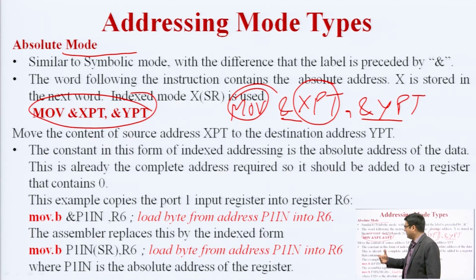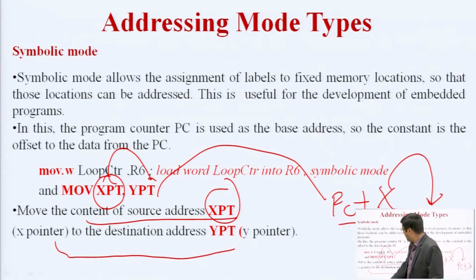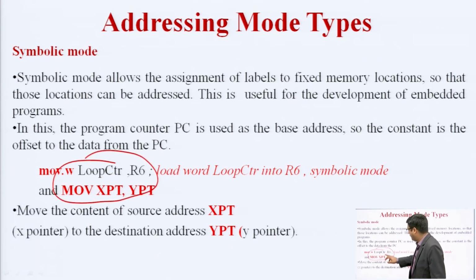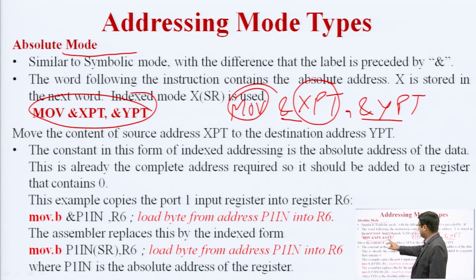If we look at the previous example, we are simply placing & before the source operand and the destination operand. If this is the symbolic addressing mode, and we put & here, it becomes absolute mode. So, we are providing an absolute memory address location.